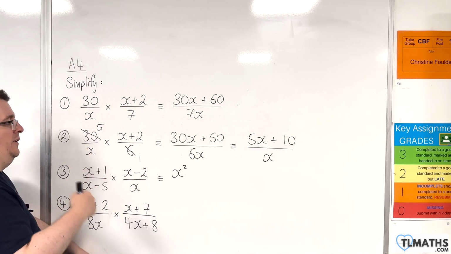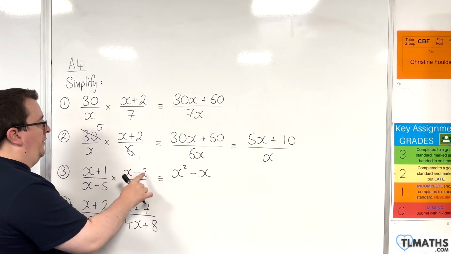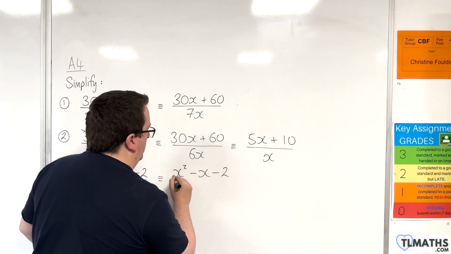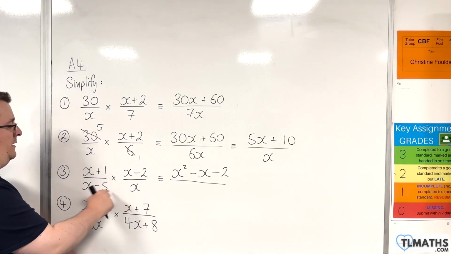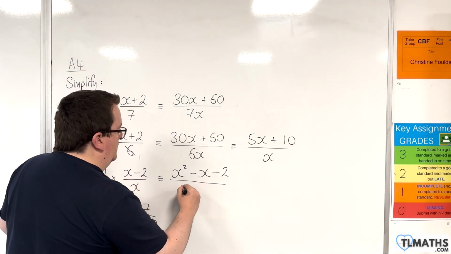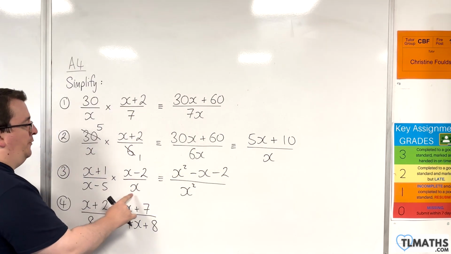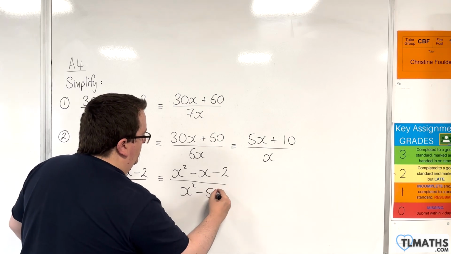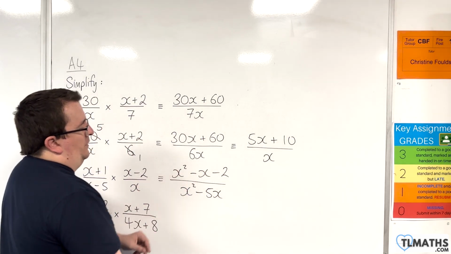So minus 2x plus x is minus x. And then we've got the 1 times minus 2. And in the denominator, we've got x take away 5 times x. Sorry, x times x is x squared, and then minus 5 times x is minus 5x. Okay, and that's my finished result.